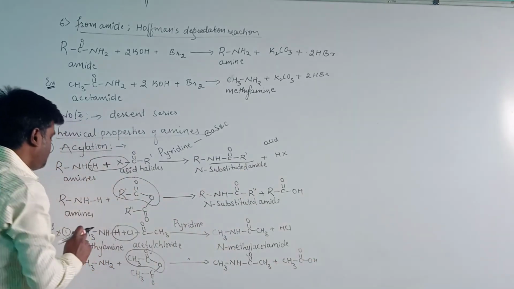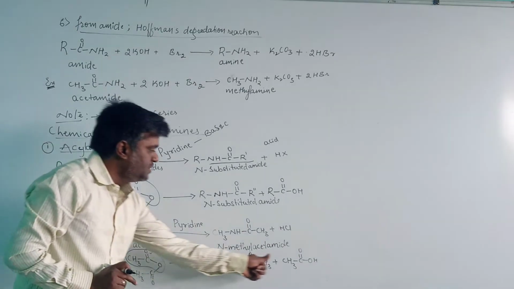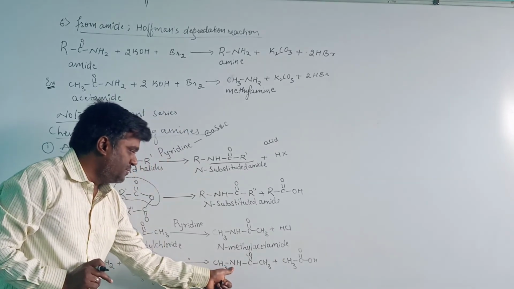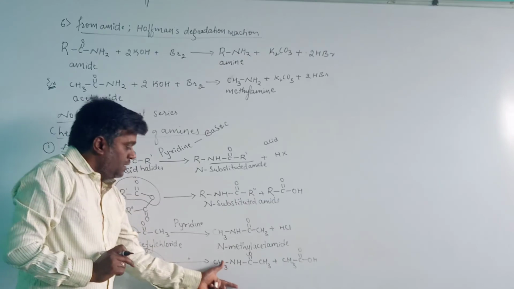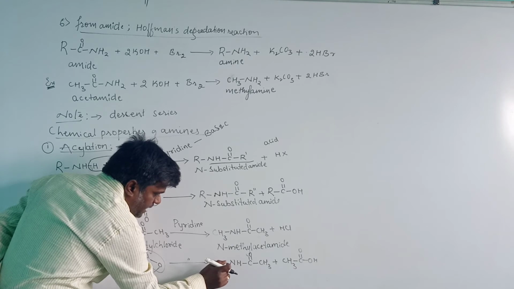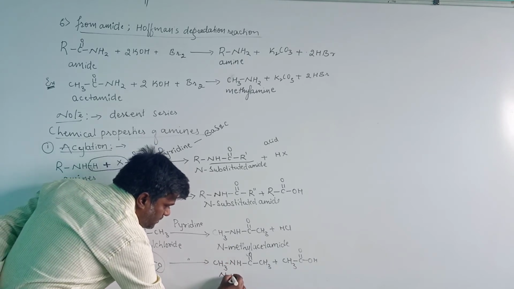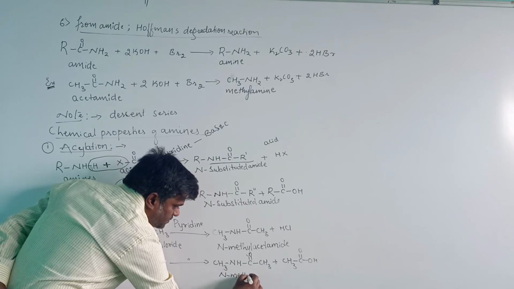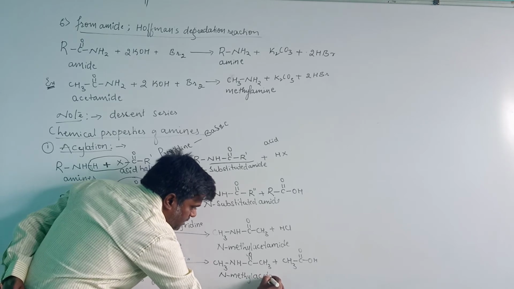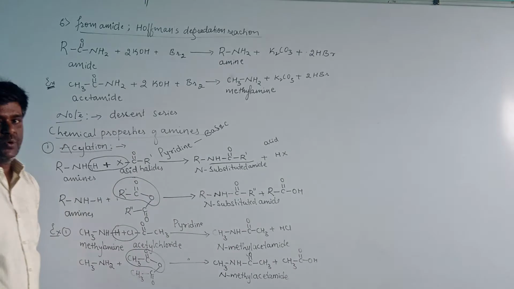One of the hydrogens from the amine will combine with this part and get converted into the acid, that is acetic acid, and the remaining part will attach to the nitrogen and produce an N-substituted amide here. The methyl group as a substituent group is directly attached to the nitrogen, therefore we will use N-methyl acetamide. N-methyl acetamide is the name for this compound.